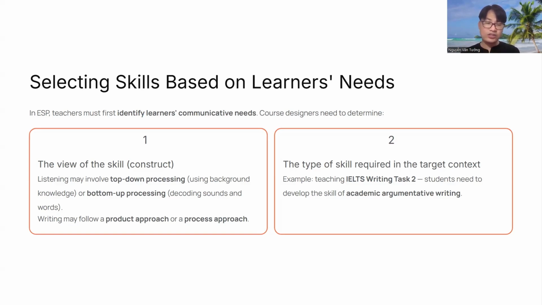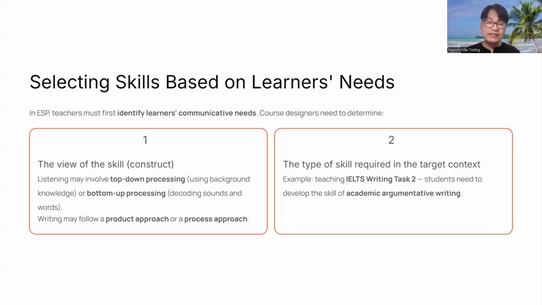Meanwhile, if you want to teach another type of listening, it is called bottom-up processing. Bottom-up processing means that I use my knowledge, the information that I know before, to try to guess the general ideas, and then I can understand what the speaker says. I don't need to pay attention to the small details.